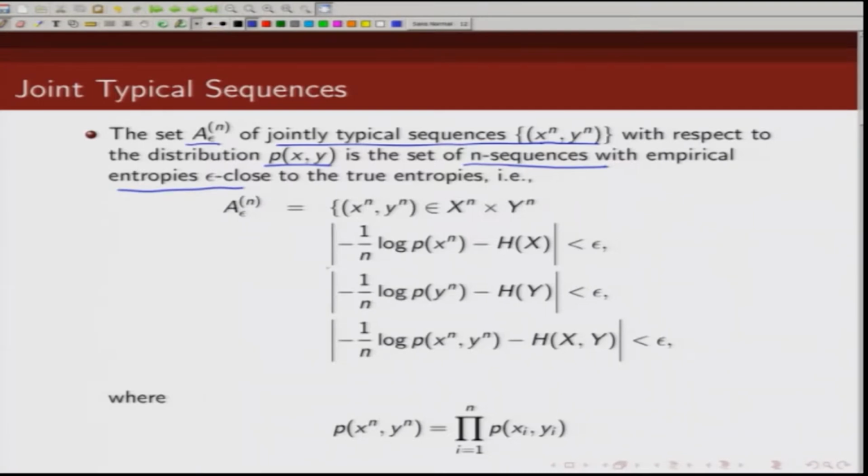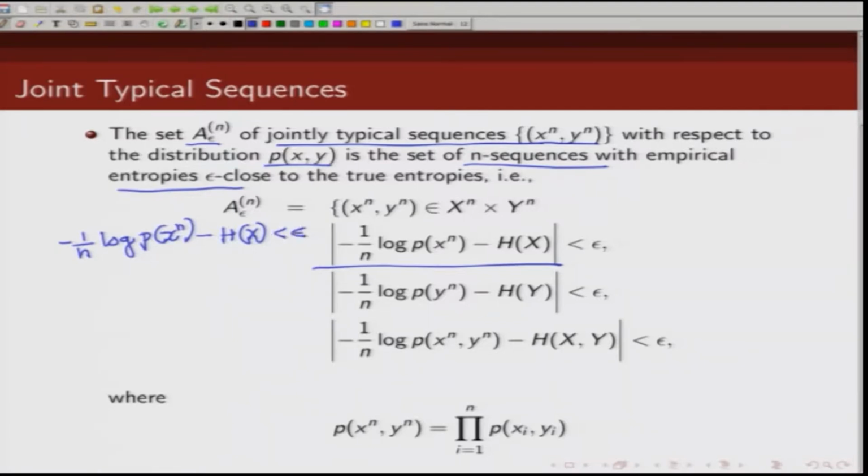So, you can see from this condition, minus 1 by n log of P of x^n minus the true entropy H of x has to be less than epsilon.